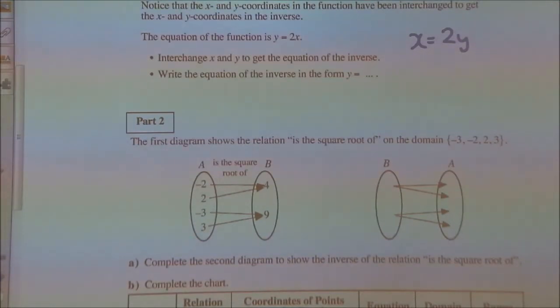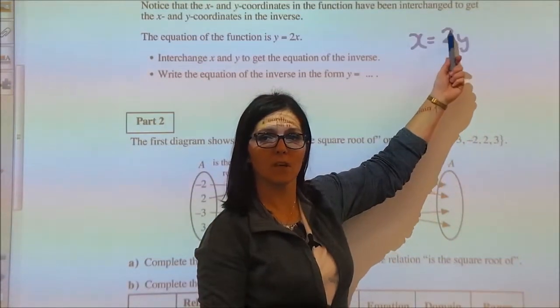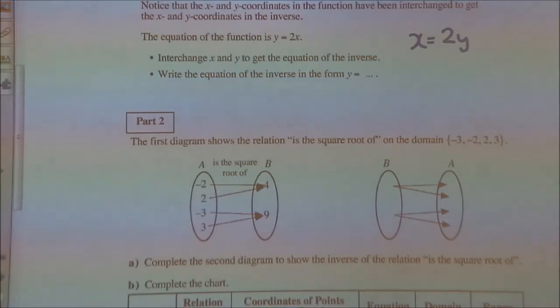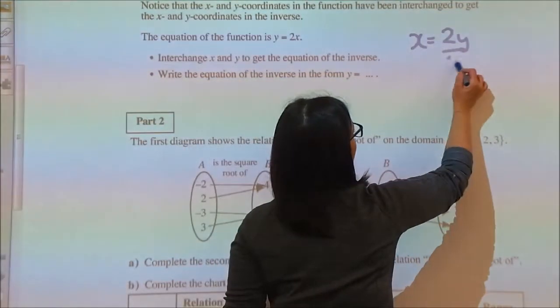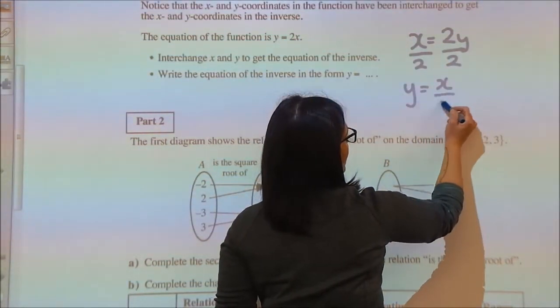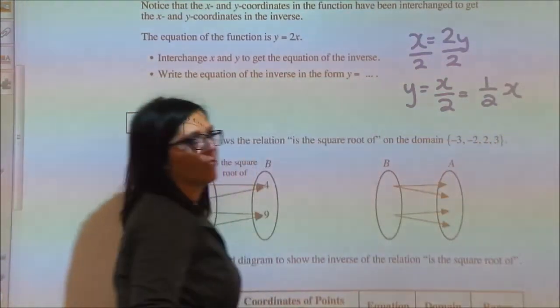Is that how I normally write equations, x equals? How do I usually write them? As a y equals. So in order to get y by itself, I need to get rid of the 2. How do I get rid of the 2? Divide by 2. So I get y equals x over 2, which is the same as half of x.